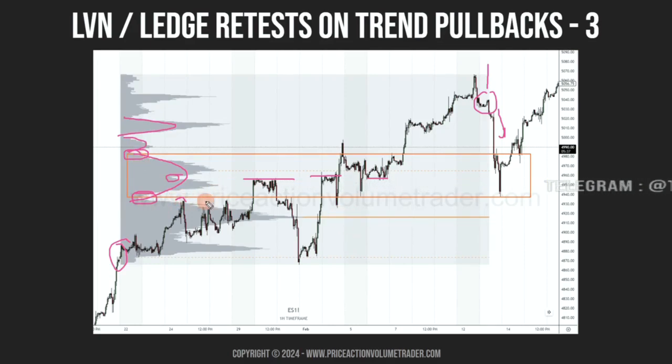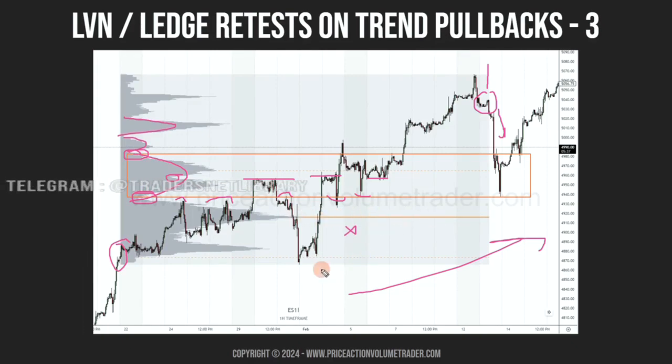We had resistance, resistance, resistance, support, support, and now we're coming back down into this area. Our trend is still up. We have been making higher highs, and I would say until we break below probably this area of this point of control, or even this one, our market structure is still overall bullish.